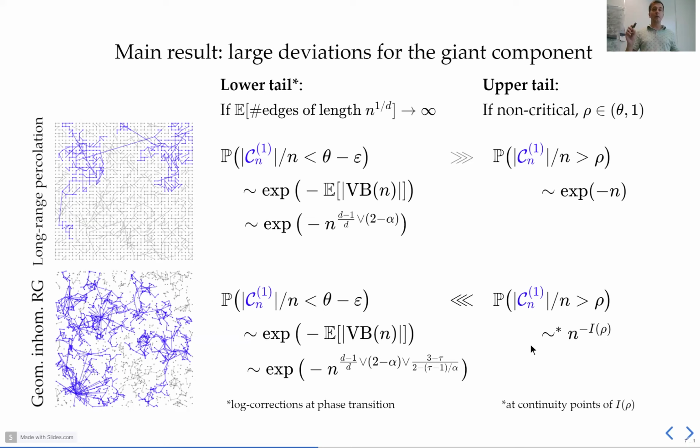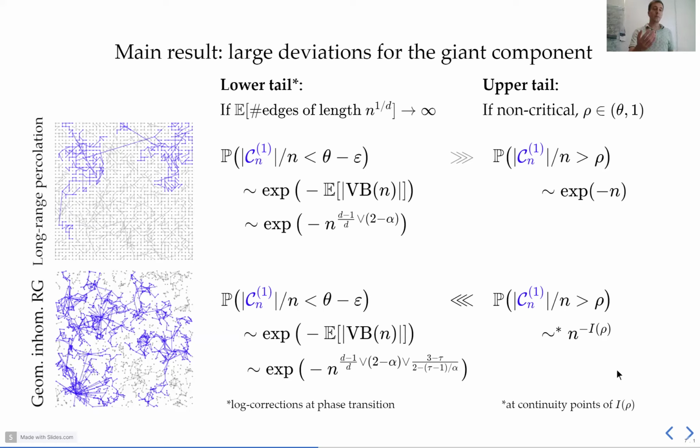But now if we look at the upper tail, there's a big difference between degree inhomogeneous models and more degree homogeneous models, such as long-range percolation and Bernoulli bond percolation, where the exponential decay changes to polynomial decay if there is degree inhomogeneity.